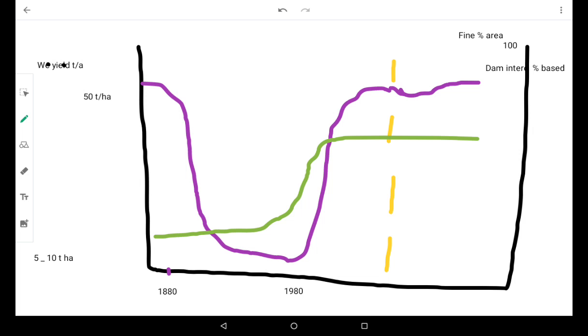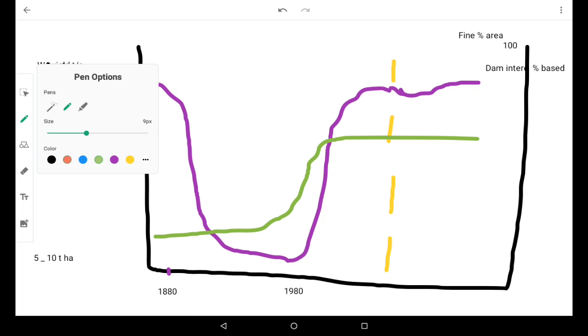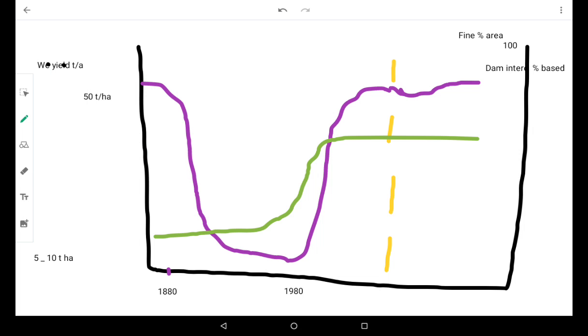Now, what can happen here is for our suspended sediment yield, we're looking at red, and so the background yield in 1880 was down here, and then as the vines were planted, the yield would have gone up rapidly with some sort of lag. And then as the vines came off, it would have come down, but again with a lag.